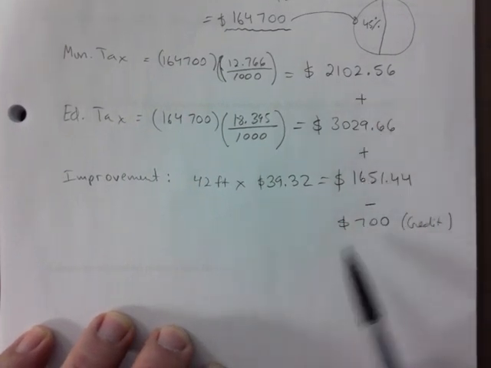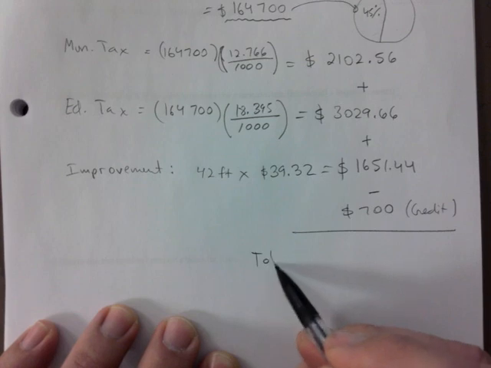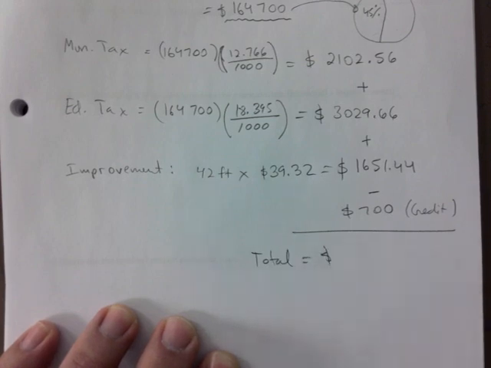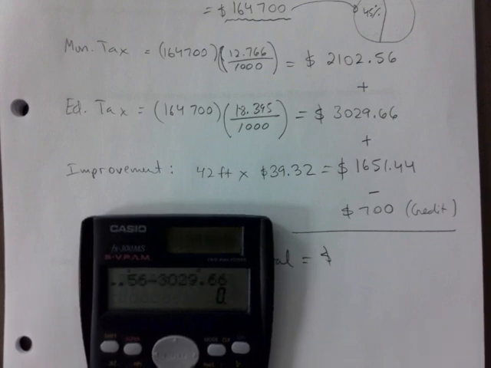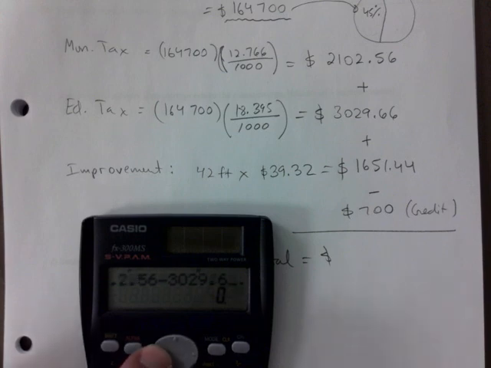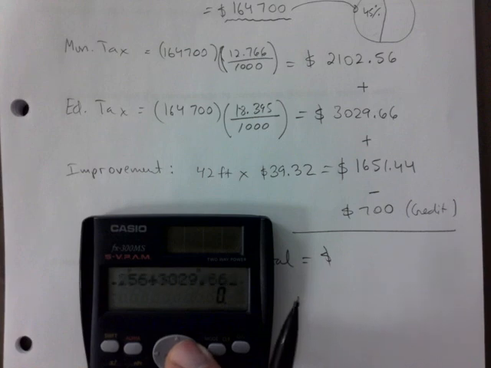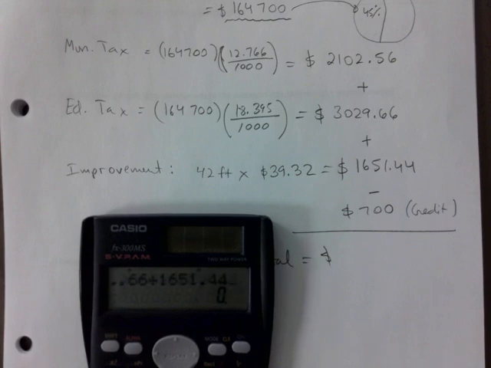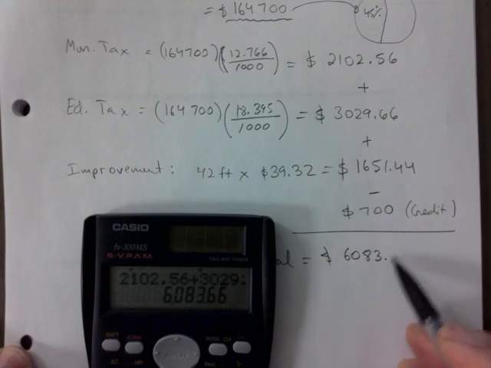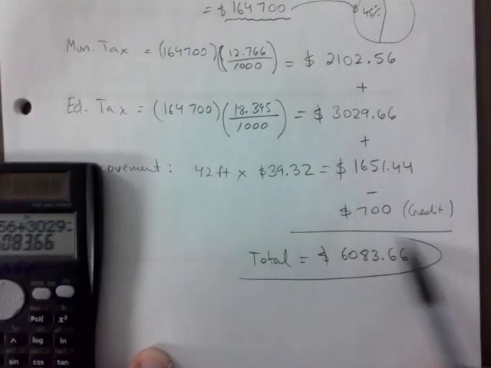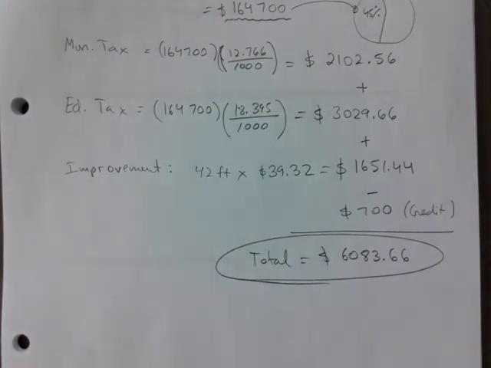So we add this and subtract, and here's going to be your total. 2102 minus, no, not minus, sorry, plus. That's why I like these calculators. I'm saying it over and over again, but it does make a difference when you can see what you're typing in. Minus 700. So there it is, 6,083.66. Your grand total net property taxes.